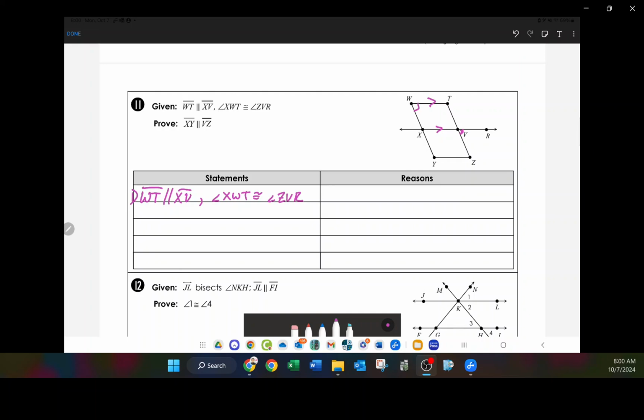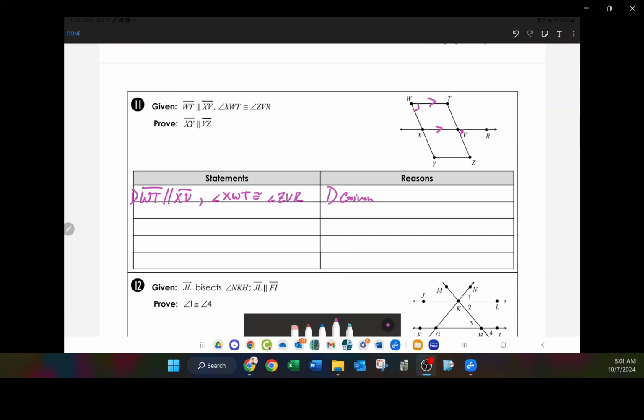We're trying to prove that XY is parallel to VZ. Now, again, the concept is that in order to prove lines are parallel, we are going to need either some supplementary angles or some congruent angles.